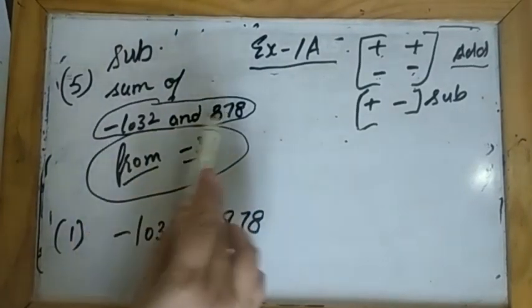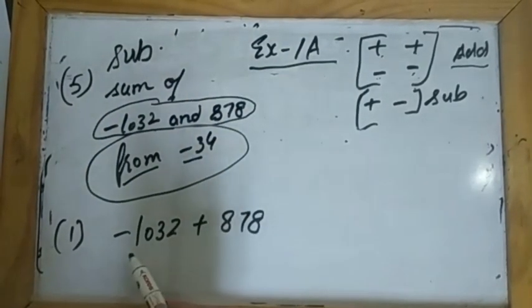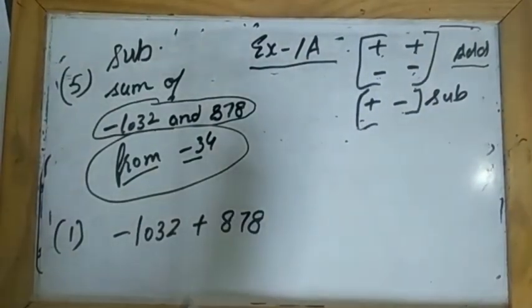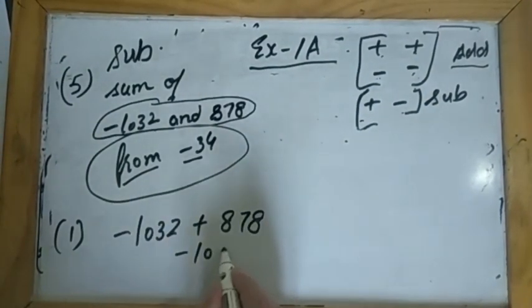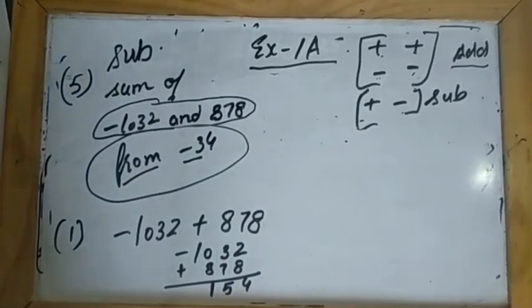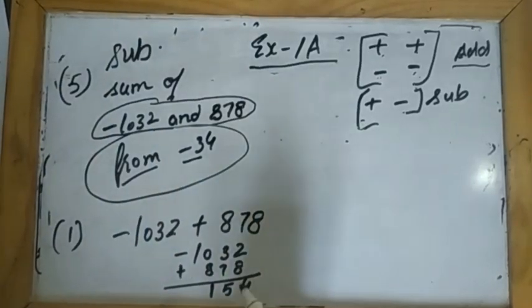First of all, I'll add these two integers, and as you can see, one is positive and one is negative. So I cannot add them, and it means I have to subtract them. So what your answer will be? 154. And what about the sign?